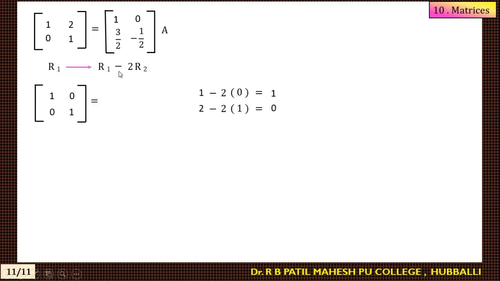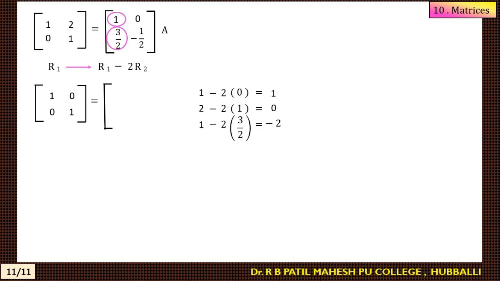Now see, if you operate this, what you will get, the right side matrix. So what we have, R1 element 1, minus then 2, then R2 element, that is 3 by 2. So here 2 divided by 2 cancel, 1 minus 3 means it is a minus 2.